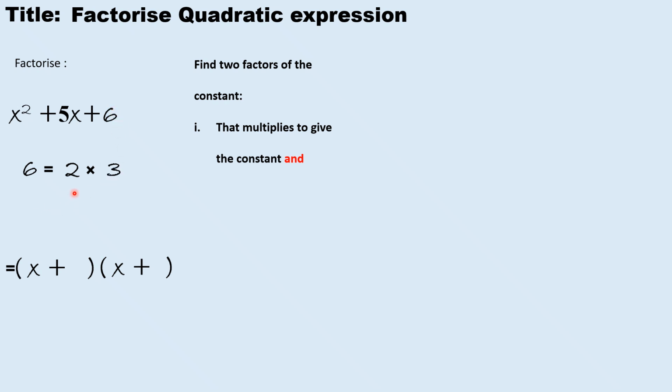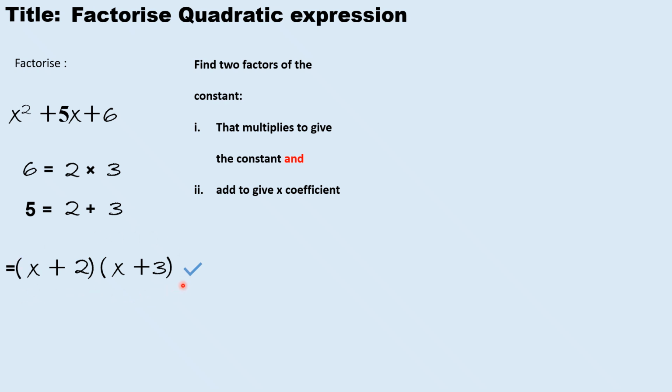Also, 2 add 3 is 5. So those are our two factors, 2 and 3. Therefore, in this bracket we'll have 2, and in this bracket we will have 3. And that is your answer. x squared add 5x add 6 is fully factorized.